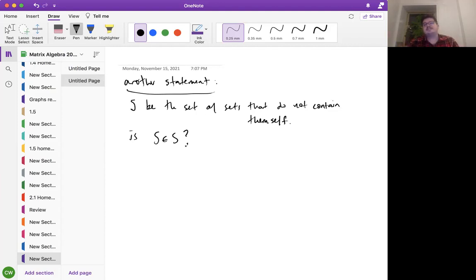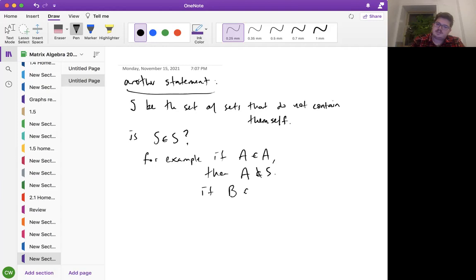You have a bunch of sets, and what's true about every single set is that they do not contain themselves as an element. For example, if A is an element of A, then A is not in S. If B is not an element of B, then B is in S.